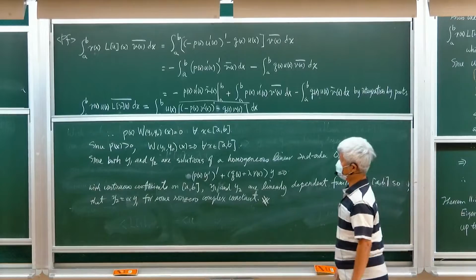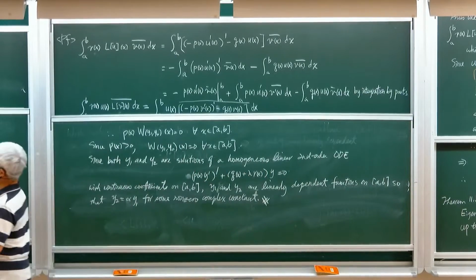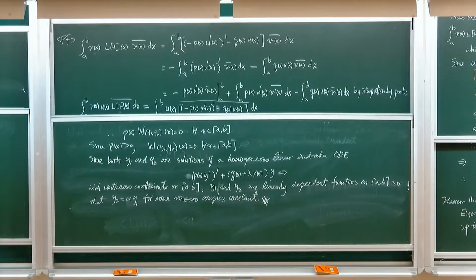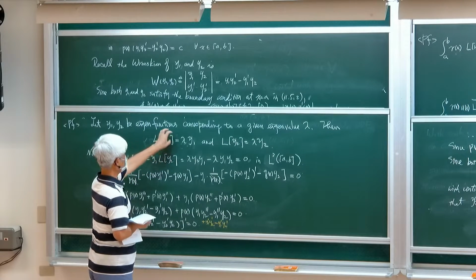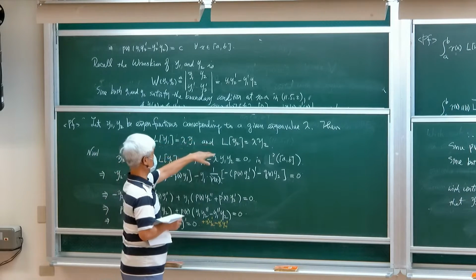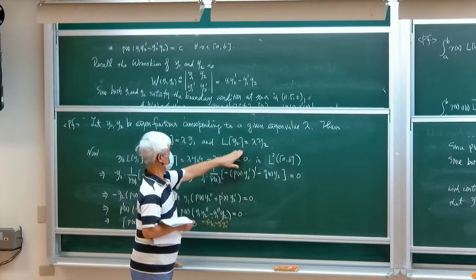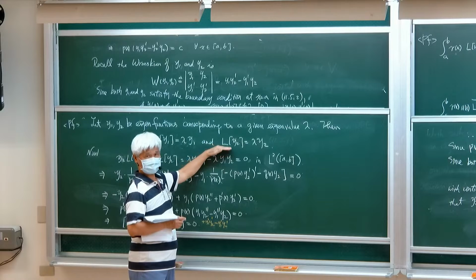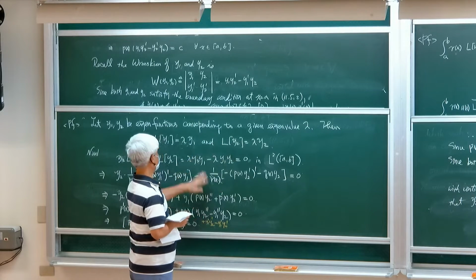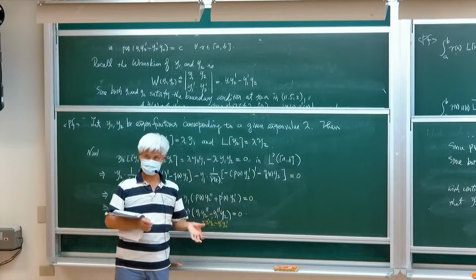So the theorem shows that if y1 and y2 are eigenfunctions corresponding to the same eigenvalue lambda, meaning y1 and y2 satisfy these two eigenequations, then we show that y1 and y2 are proportional to each other.